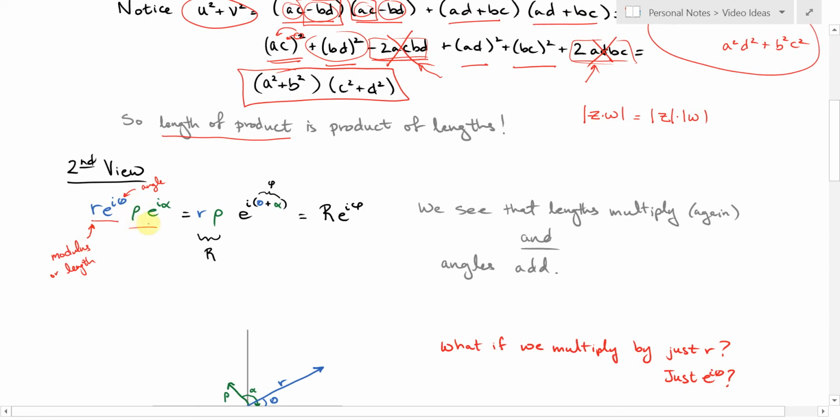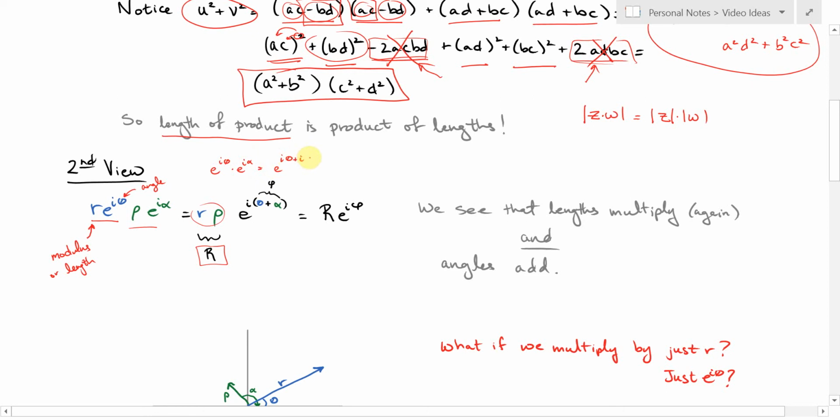Alright, so if we have two complex numbers here in blue and in green, re to the i theta and rho e to the i alpha, let's say, then if you just again use the obvious properties of algebra here, we can move these two real numbers. Again, r, theta, rho, alpha, these are all real numbers. R times rho out front, and we will call that capital R, and then e to the i theta times e to the i alpha is the same as, when you multiply exponentials, you're just adding the exponents.